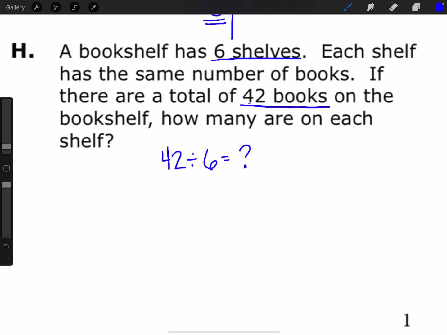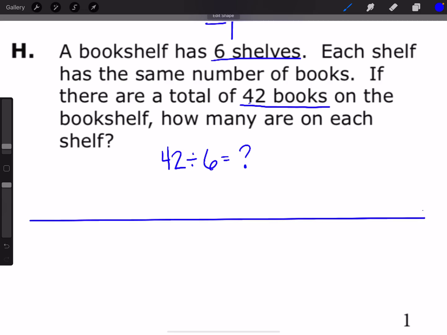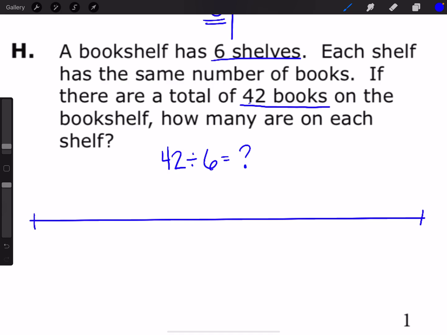With repeated subtraction, I like to do a number line. We know that we need to start at 42. We end with 0. Our chunks that we're taking away are 6. So let's get going. 42 take away 6 is 36. 36 take away 6 is 30.